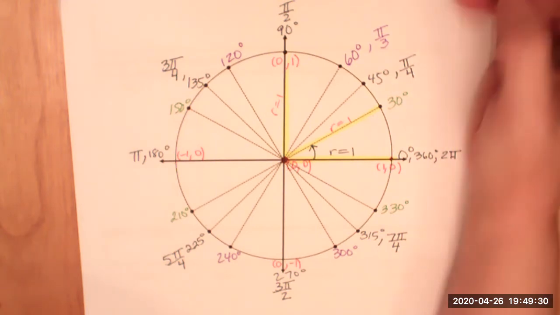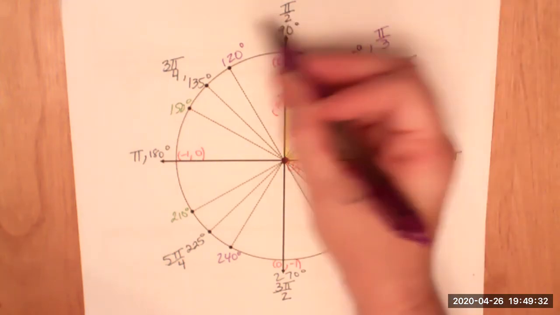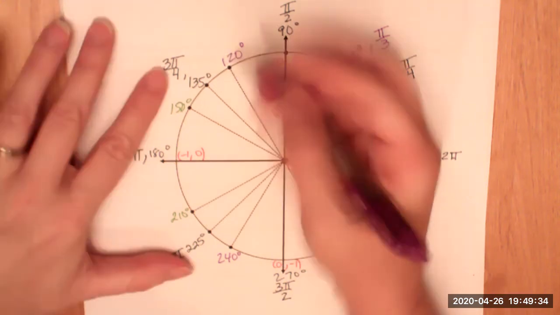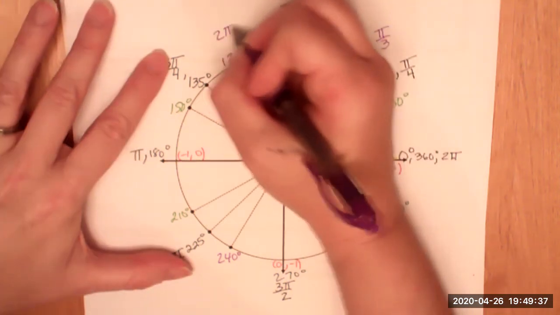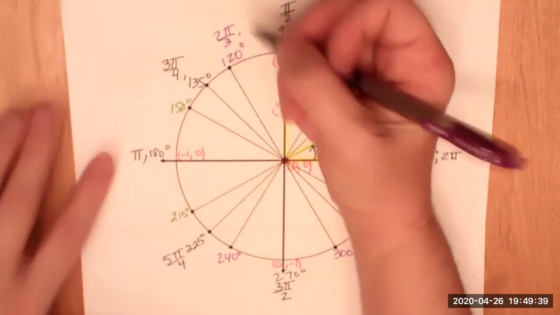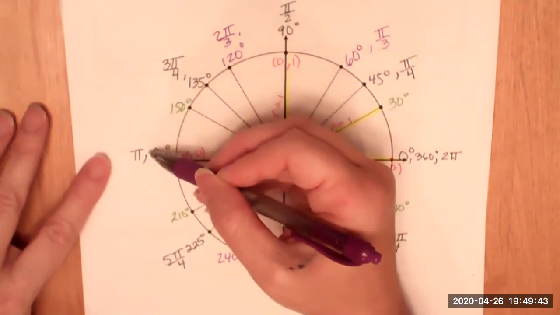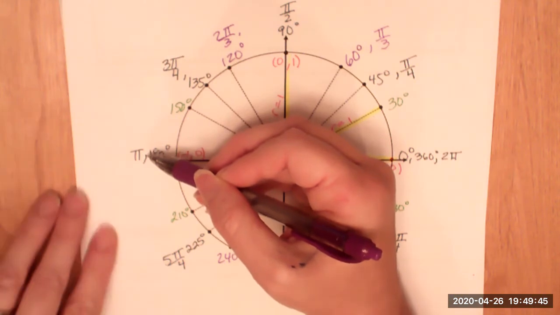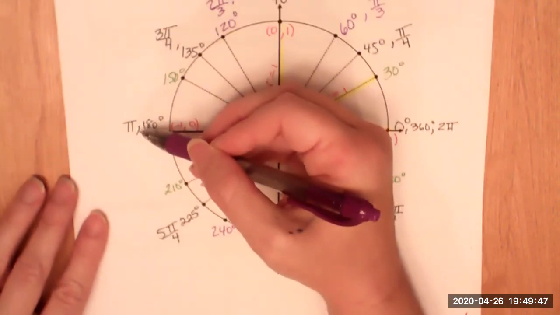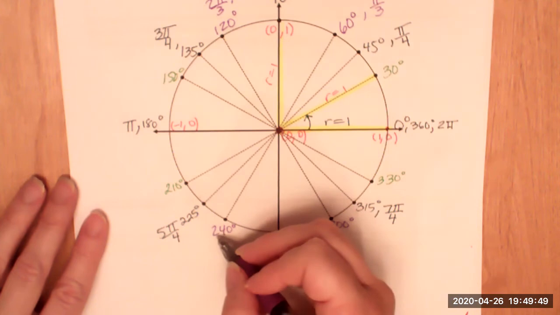Now, adding another 1/3 of pi, we're at 2/3 pi, or 2 pi over 3. Add another 1/3 of pi, we're at 3 pi over 3, or pi. Add another 1/3 of pi, we're at 4 pi over 3.